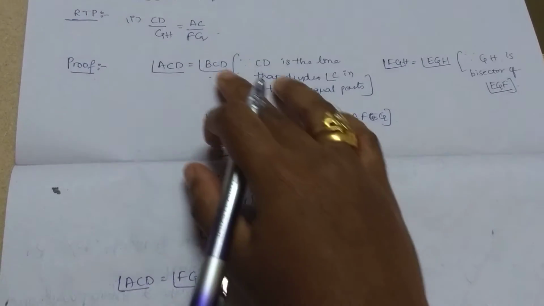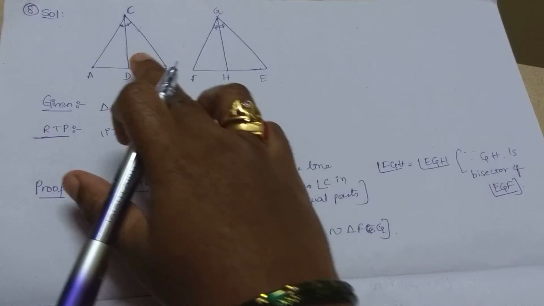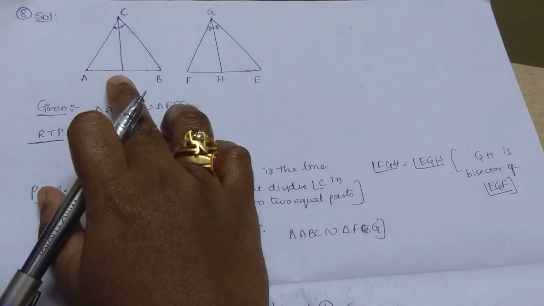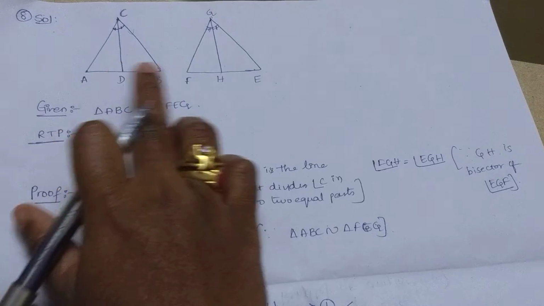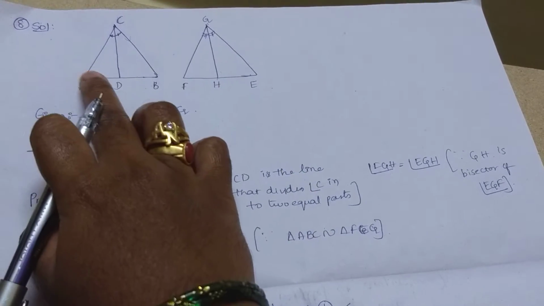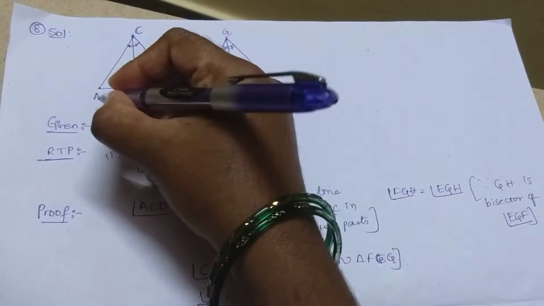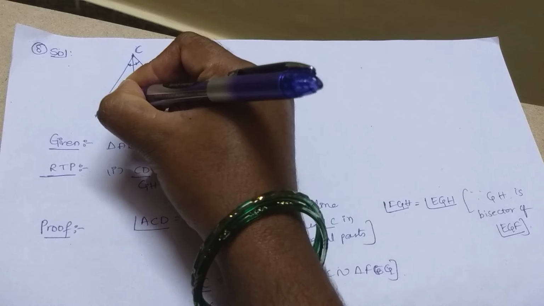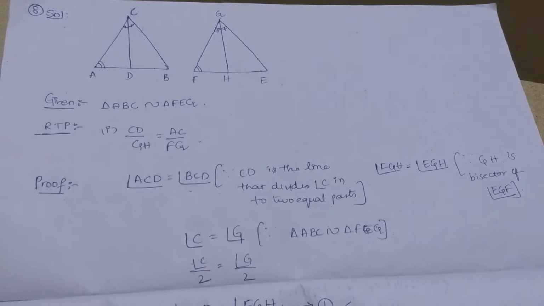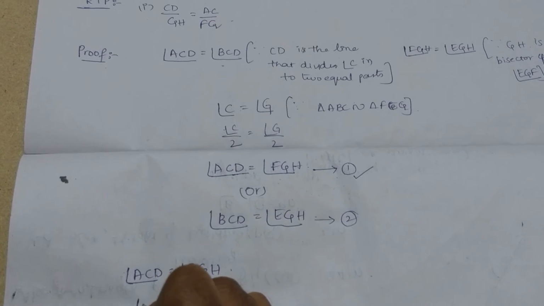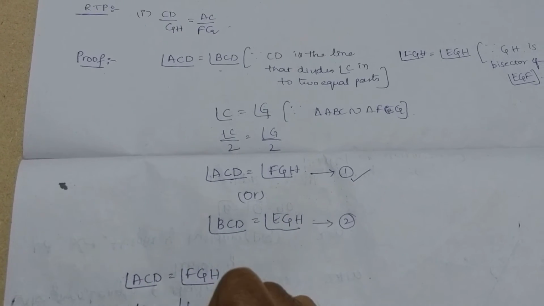And we know that angle A equals angle F, since triangle ABC is similar to triangle FEG, and then their corresponding angles are equal. So you can write that angle A equals angle F.